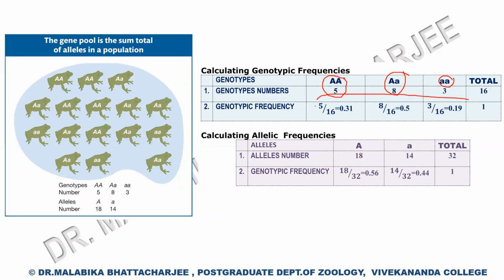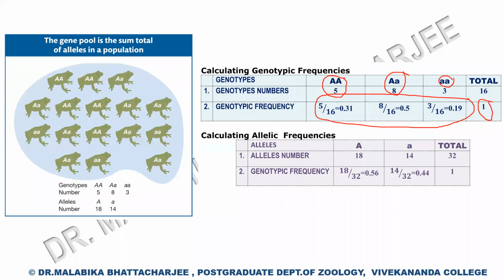Keep it in mind that for a given gene, when we calculate the genotypic frequencies, the value of a frequency should always lie between 0 to 1. And when we add up the genotypic frequencies of the individuals of the population for a particular gene, the total should always be 1.